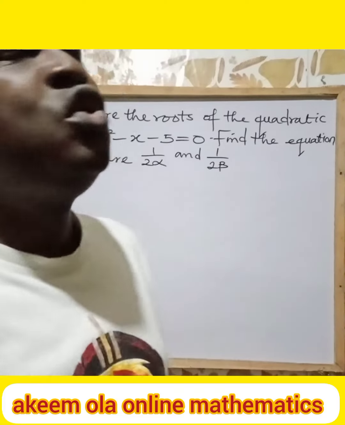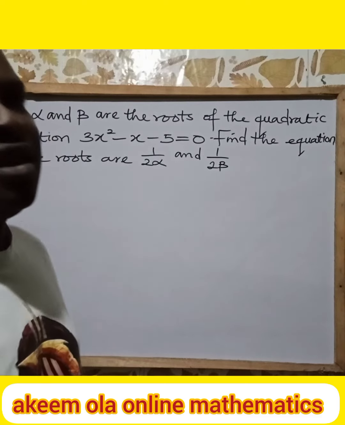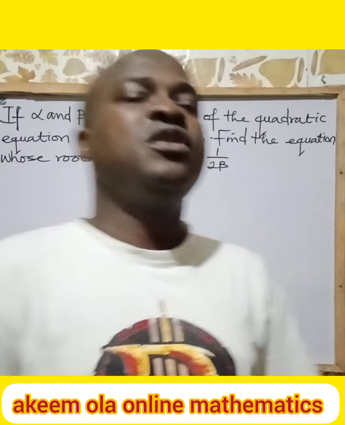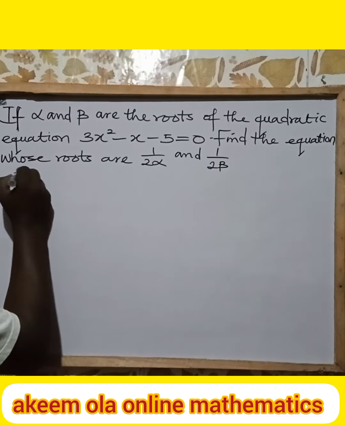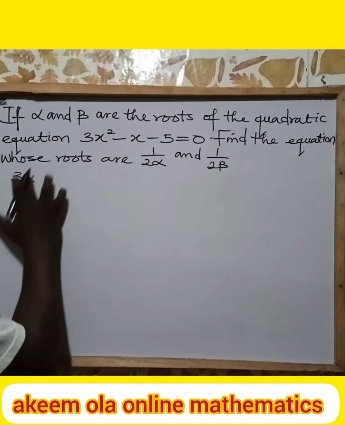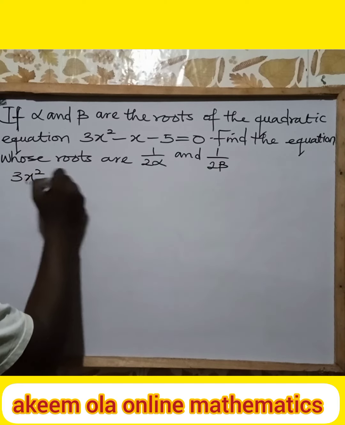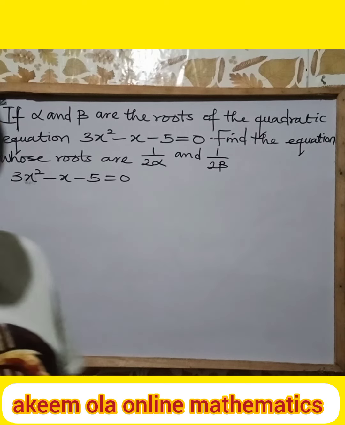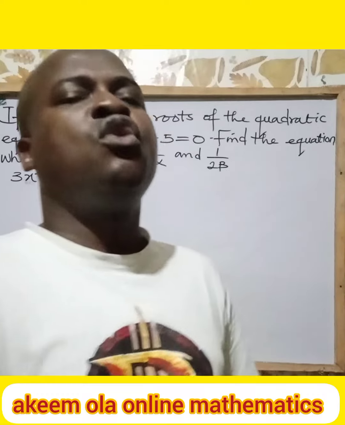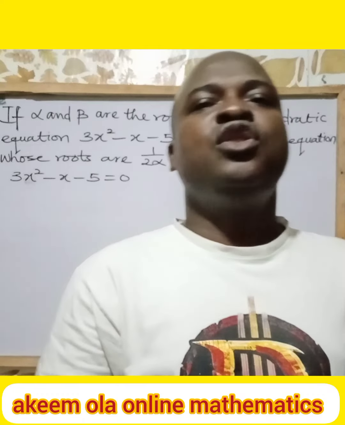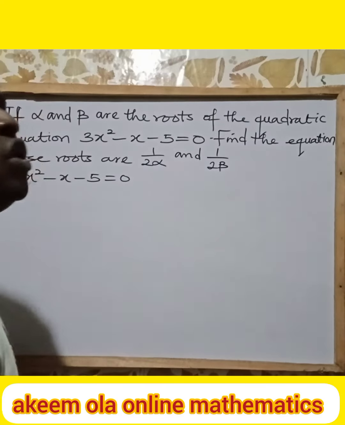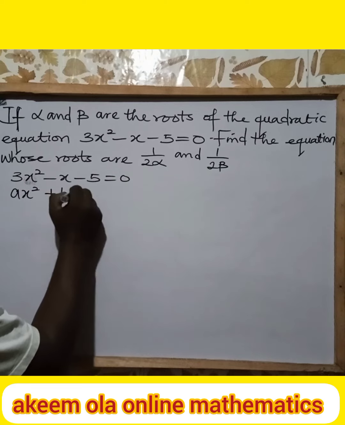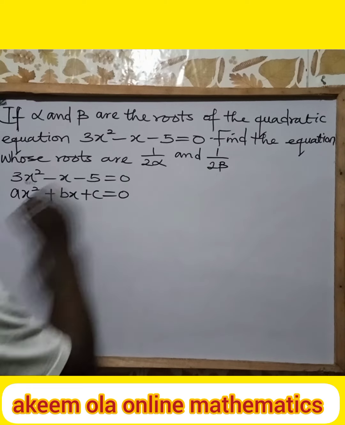The first thing we need to do is to consider the equation given from the question. If we consider that, we are going to have 3x squared minus x minus 5 is equal to 0. Then we need to compare this equation with the normal quadratic equation, which is always given by ax squared plus bx plus c is equal to 0.